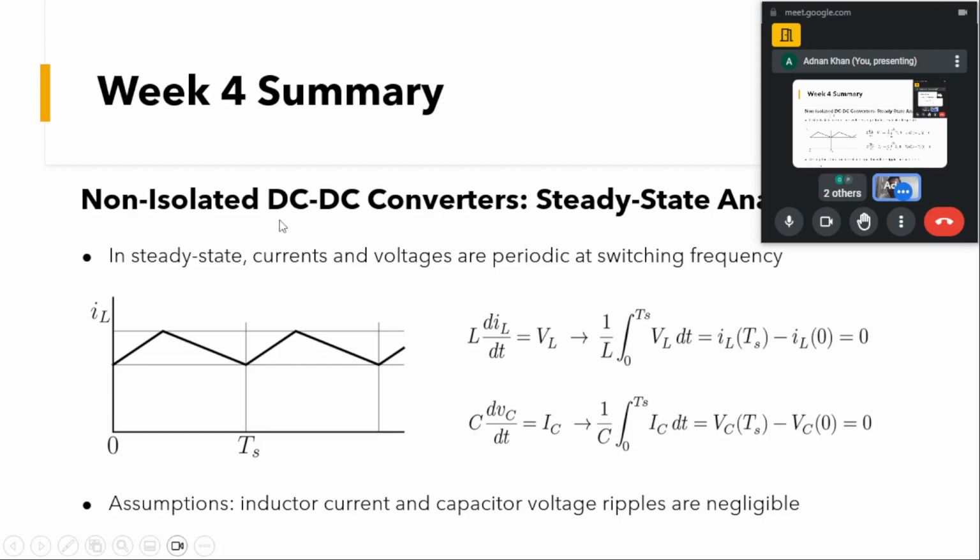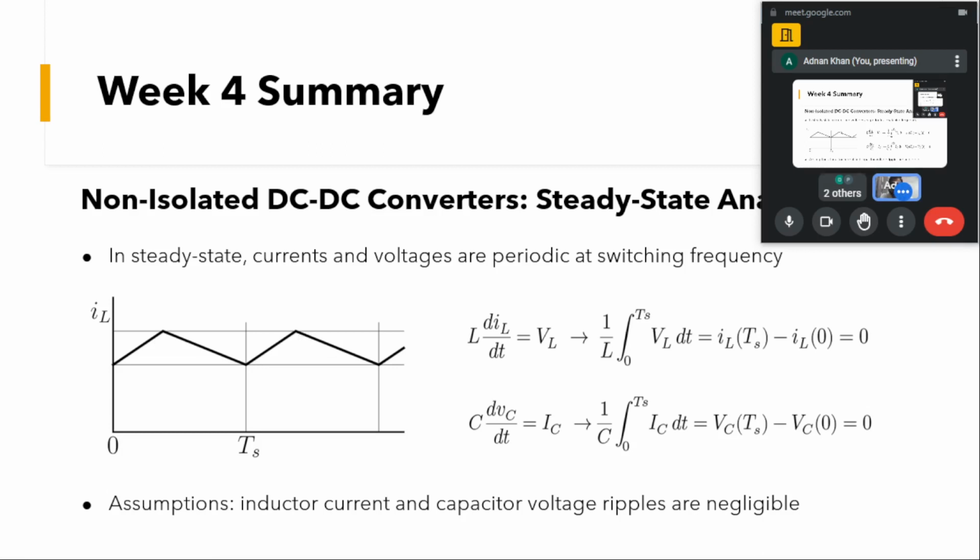Now the other thing is we want to do a steady state analysis of these converters. What we have to keep in mind is that we have two basic equations: L dI/dt is equal to VL, the voltage across the inductor, and the current through the capacitor, IC, is equal to C dVC/dt. In the steady state, we have a periodic waveform of current or voltage.